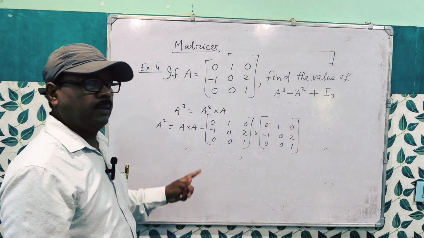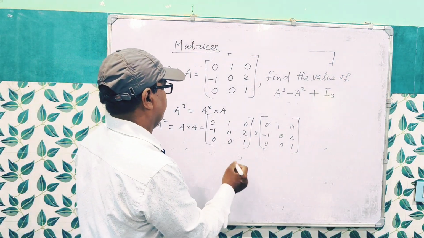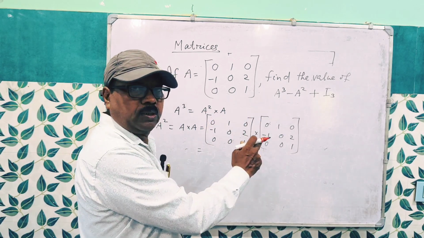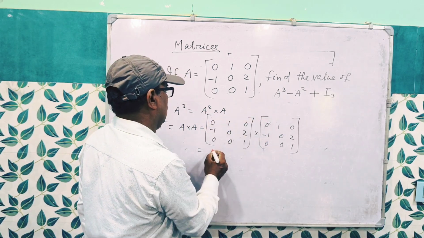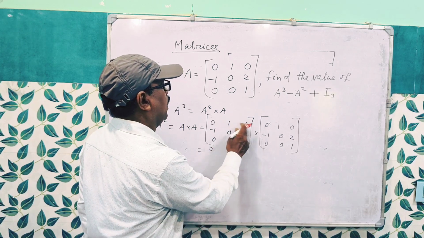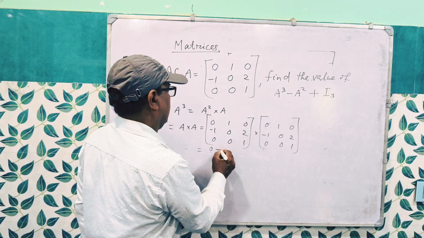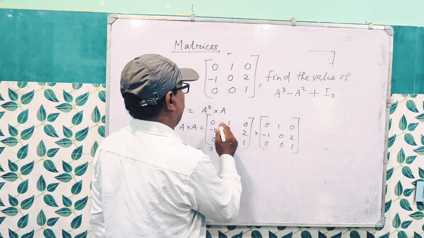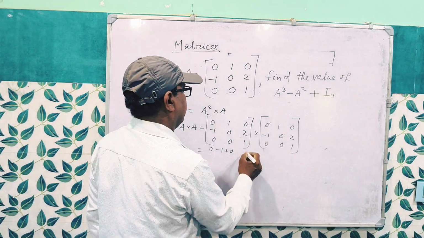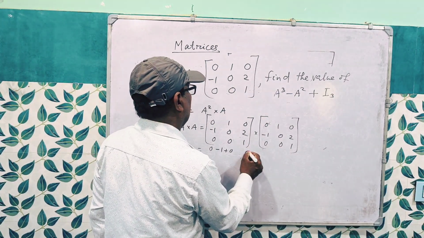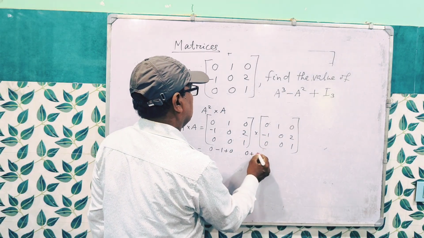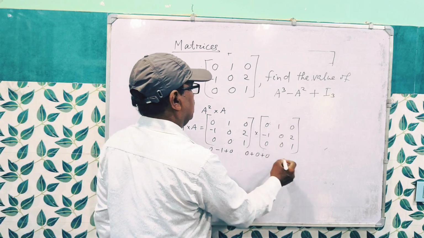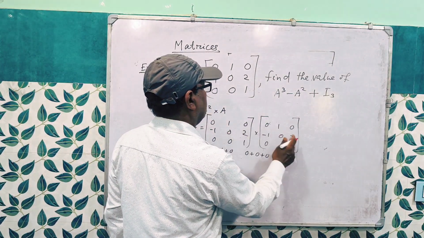So multiplying A into A, we have first row, first column, as in the previous class: 0 into 0 is 0, 1 into minus 1 is minus 1, 0 into 0 is 0, giving minus 1. Then first row, second column: 0 into 1 is 0, 1 into 0 is 0, 0 into 0 is 0, giving 0. Then first row, third column: 0 into 0 is 0, 1 into 2 is 2, 0 into 1 is 0, giving 2.